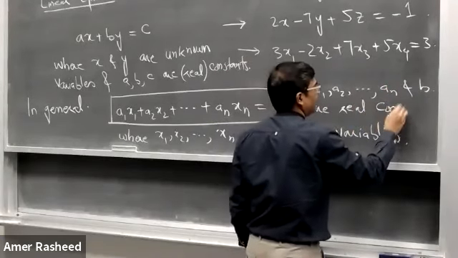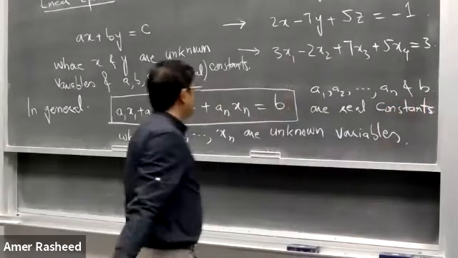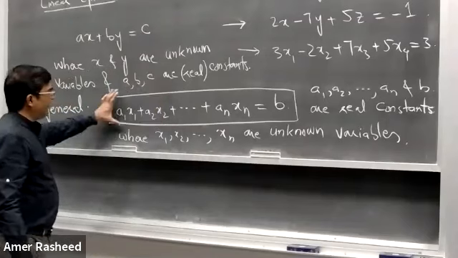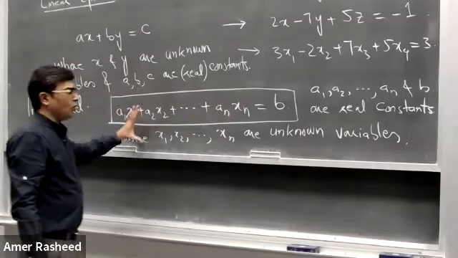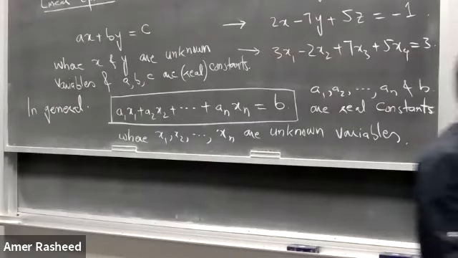So this is the general definition of a linear equation in n unknowns. I hope you get it. If you have any question, you can ask me.